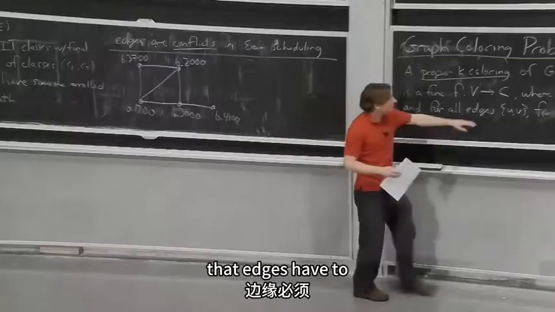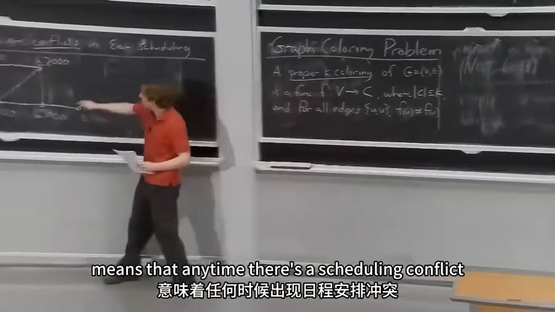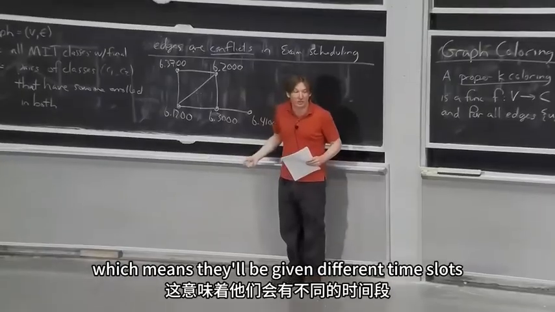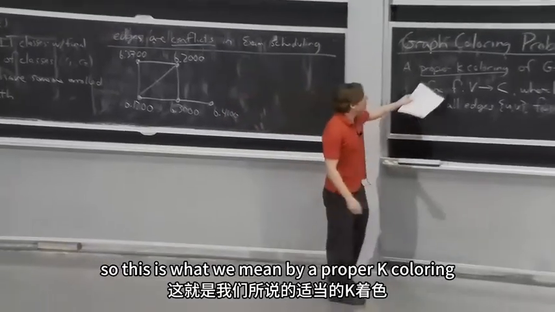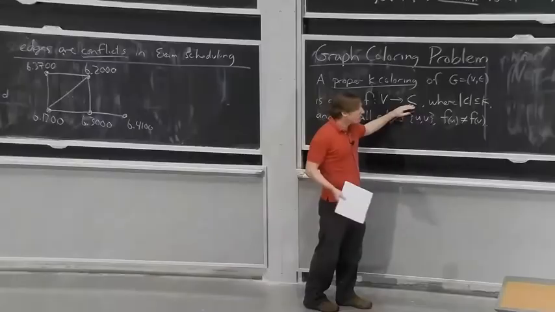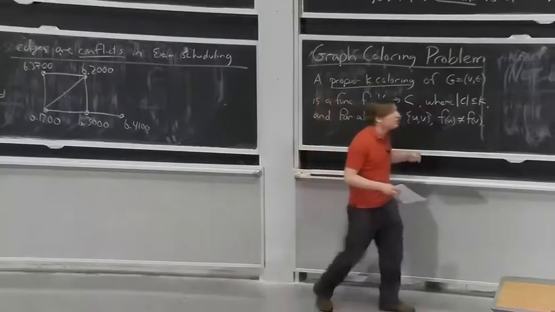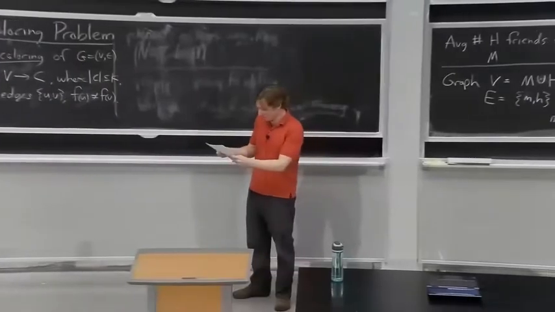And this condition that edges have to have 2 different colors on their endpoints means that anytime there's a scheduling conflict, they will always be given different colors, which means they'll be given different time slots. So this is what we mean by a proper K coloring. It's an assignment of a color to every vertex from a possible choice of K different colors, where the 2 endpoints of every edge are assigned different colors.